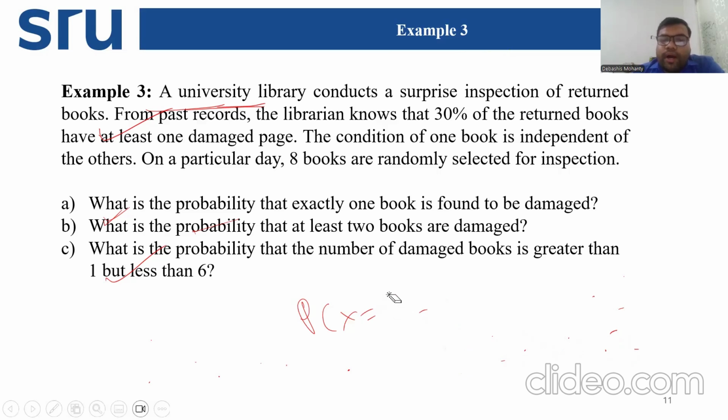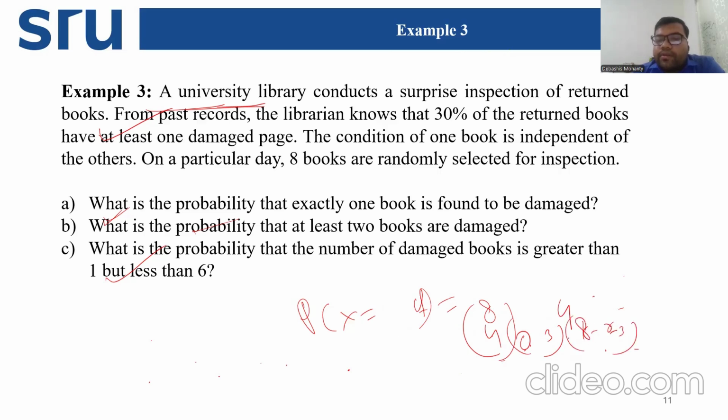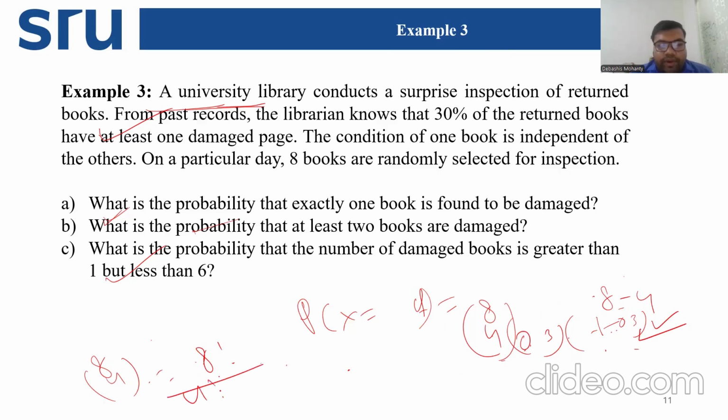Similarly, how do we calculate the probability of x equals 4? That is 8 choose 4, 0.3 to the power 4, 1 minus 0.3 to the power 8 minus 4. Here 8 choose 4 equals 8 factorial divided by 4 factorial times 8 minus 4 factorial.